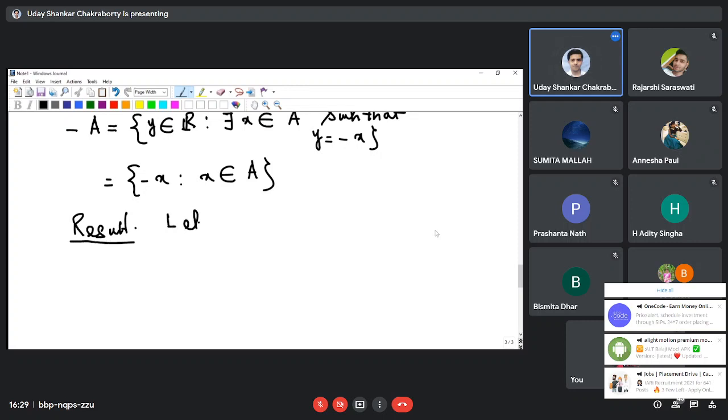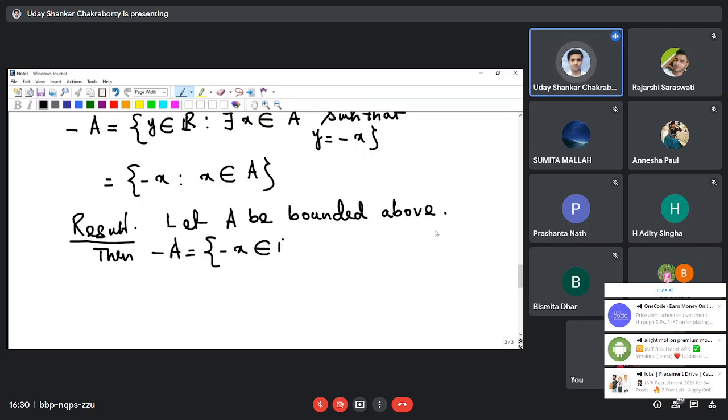Let A be bounded above, then minus A, which contains all elements of the form minus x, where x belongs to A, is bounded below.